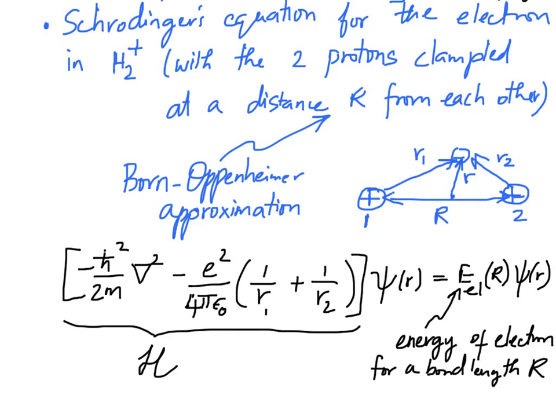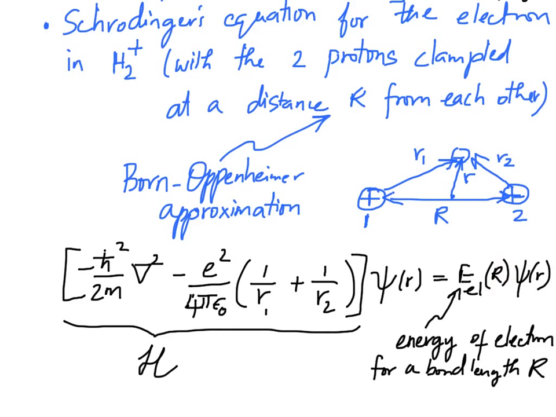So this is the wave function of our electron, which is a function of its position r, and you have the wave function on the right hand side as well, because remember, the Schrodinger's equation is an eigenvalue problem, and the energy that we seek is this quantity over here. This is the energy of our electron for a fixed bond length R, which is why R is tacked on here.